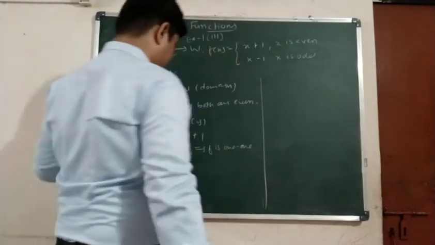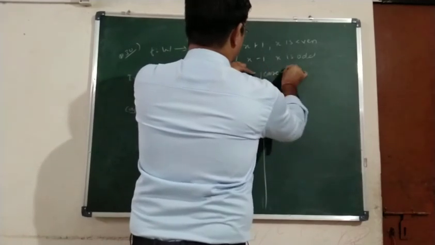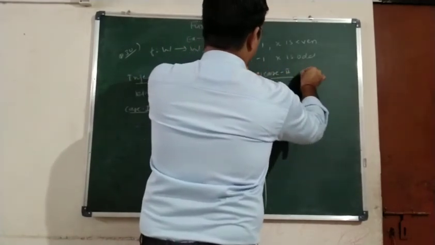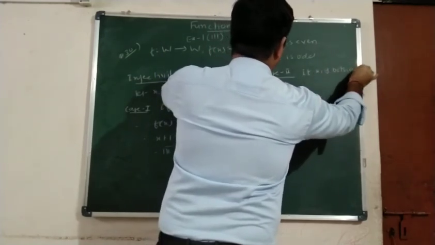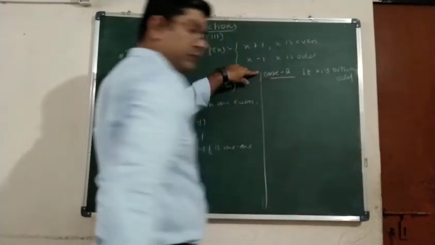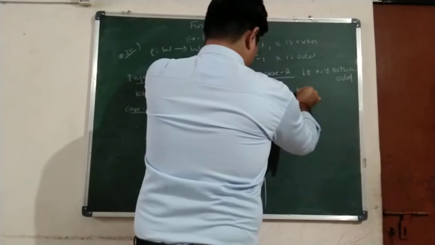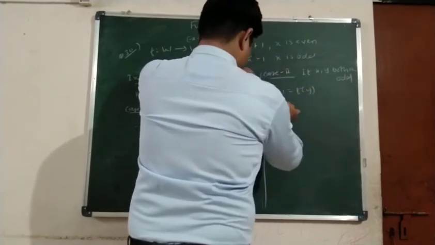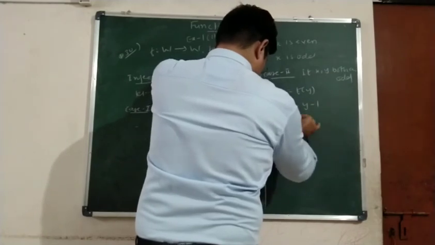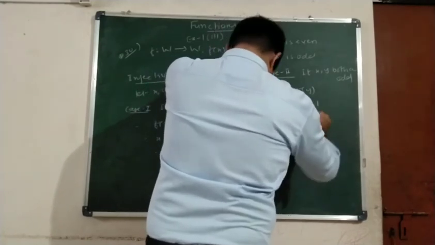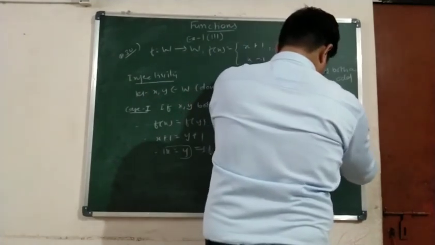Now let us discuss case 2. If x and y both are odd, okay, in that case again f of x equal to f of y will imply x minus 1 is equal to y minus 1, will imply x is equal to y. It implies again f is 1-1.